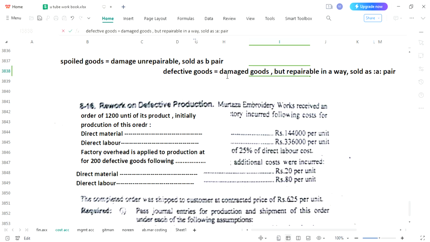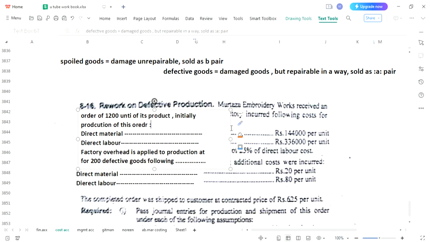Let's start our question. Since there was a blurry picture, I have edited it. Whatever is written behind it is a little bit unreadable, so instead I have written that particular statement again.